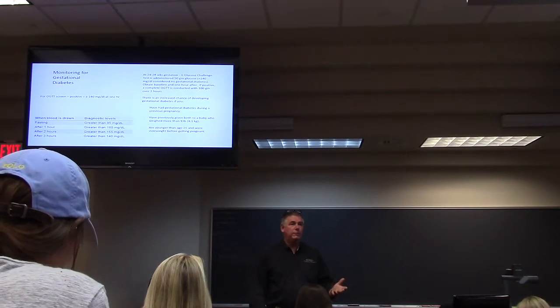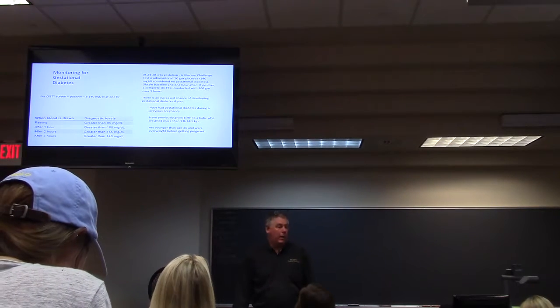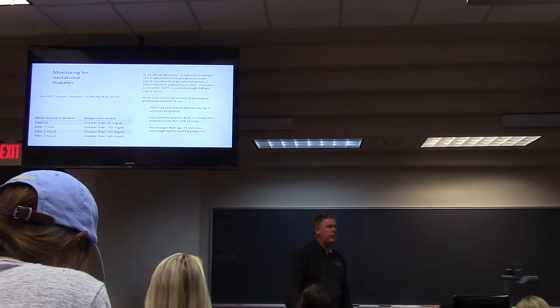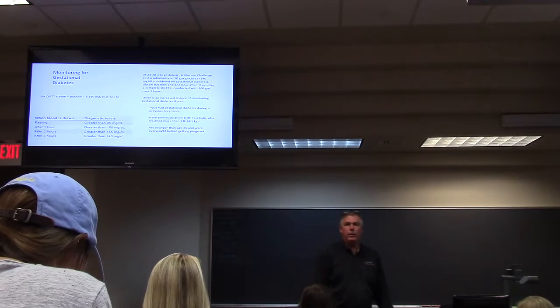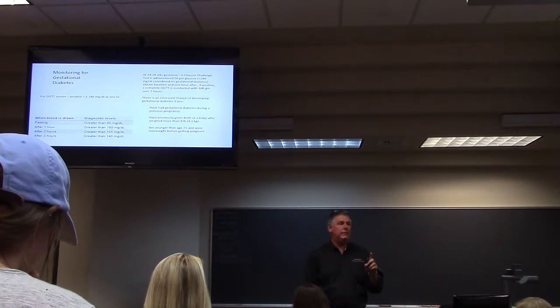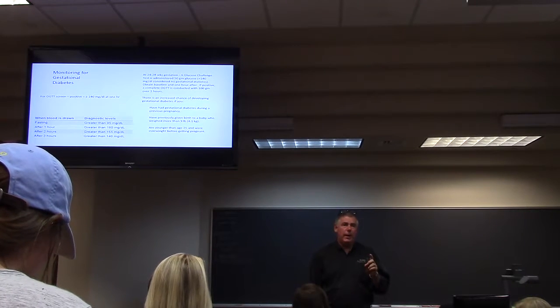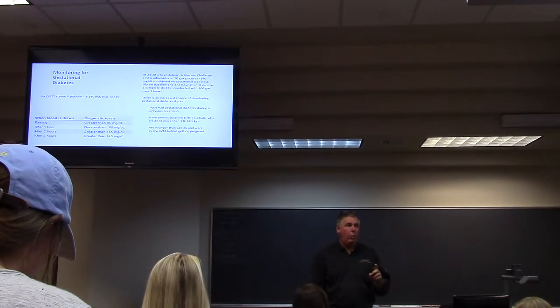Now, there are several risk factors for gestational diabetes that I have listed over here. Young age, previous history of gestational diabetes, these are among the two primary ones. Now, this is different. When you're investigating gestational diabetes, that's different than if you're investigating just plain old non-pregnant diabetes.